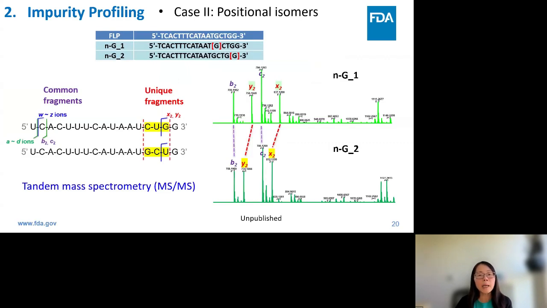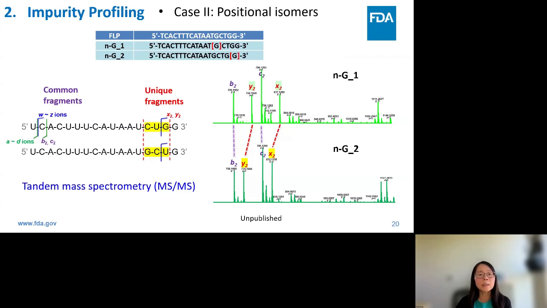From an analytical perspective, we're asking a different question, that is, for which level of impurity characterization the current analytical capability allows. In this scenario, N-G impurity has 2 possible positional isomers, although by MS dimension, they are non-differentiable.